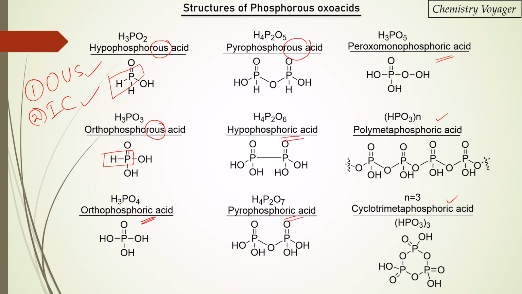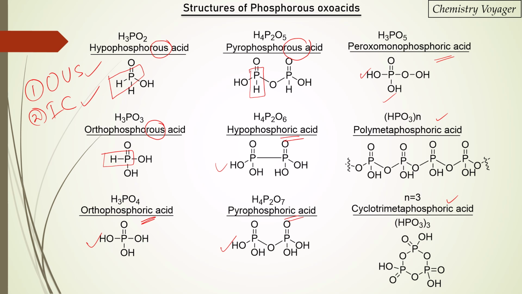And if you look at the structure of pyrophosphorous acid, this also has P-H bonds. In all the other structures, there are only phosphorus to hydroxy bonds, phosphorus to hydroxy, phosphorus to hydroxy, all only. So this is the main difference between ous oxoacids and ic oxoacids.